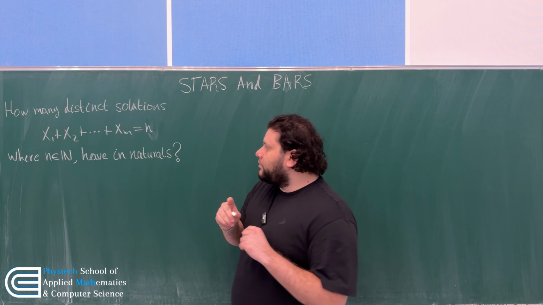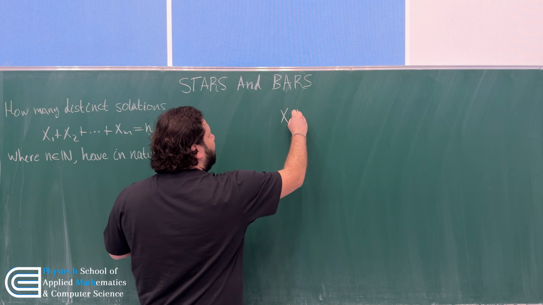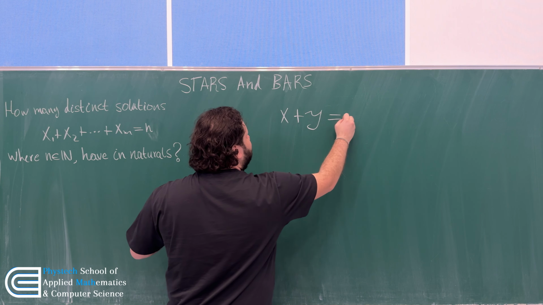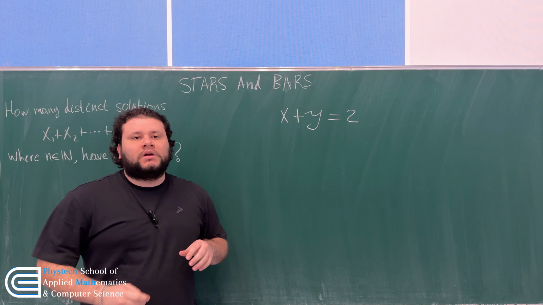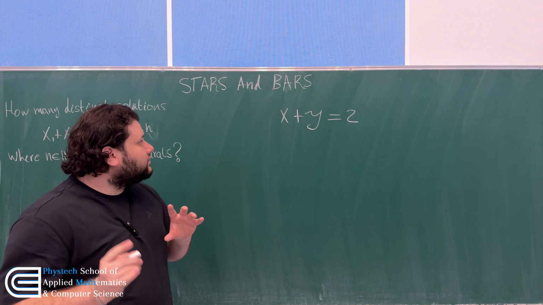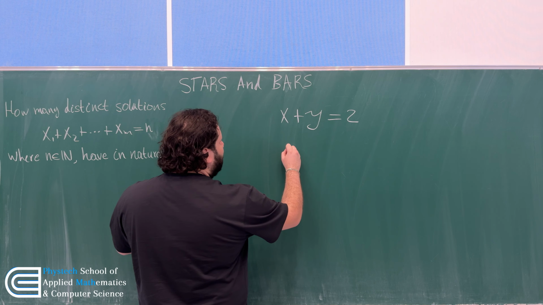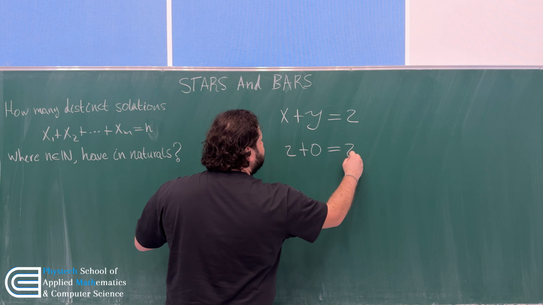Look, what happens if we have the following equation? We have x plus y equals 2. How many solutions can we have for this equation? We can compute that. We can have the following one: 2 plus 0 equals 2.